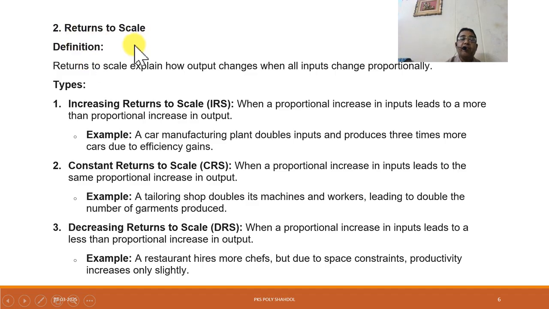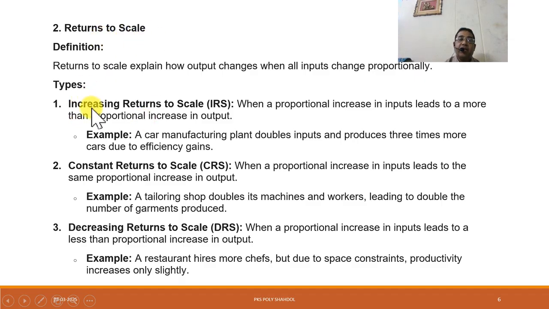Return to scale. What is the return to scale? Return to scale definition: return to scale explains how output changes when all inputs change proportionally. Means you change the input, so our output definitely will change, but how will it change? Because your input is changed proportionally, output also changes in some manner, so it is to be judged in the return to scale.